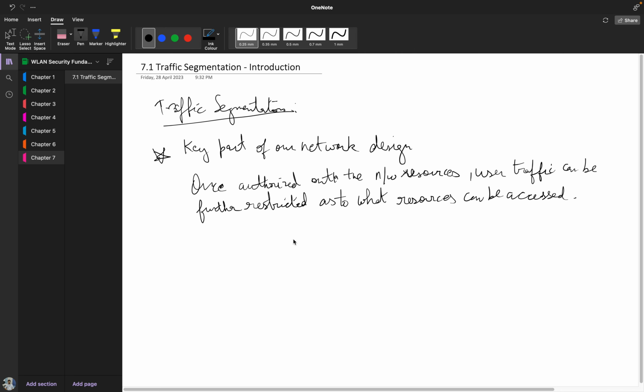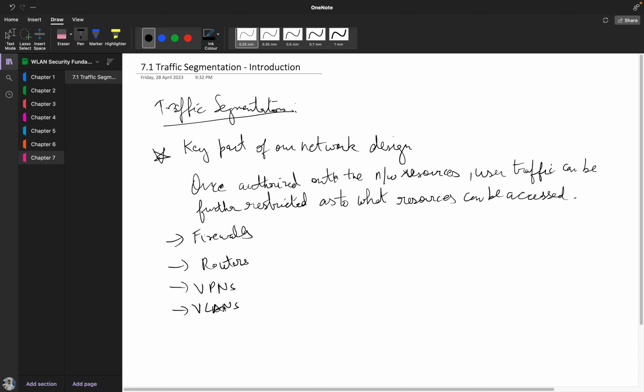Usually in a Wi-Fi network, traffic segmentation can be achieved in different ways. It can be achieved using firewalls, routers, right? It can be achieved using VPNs. It can also be achieved using WLANs, right?